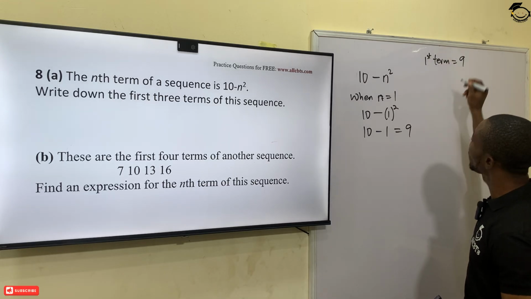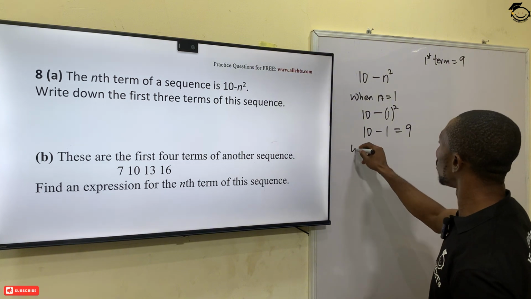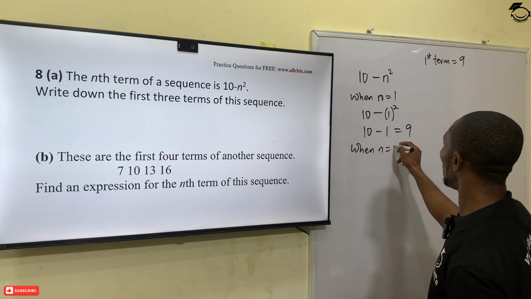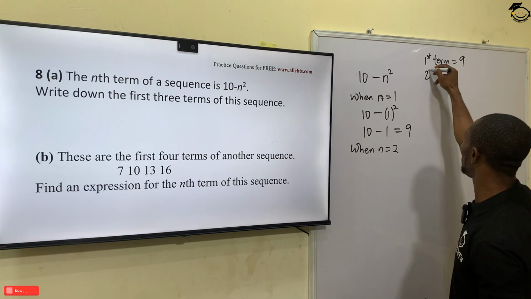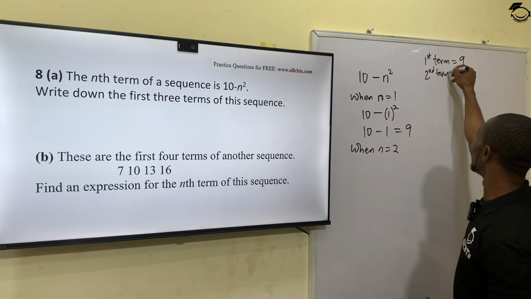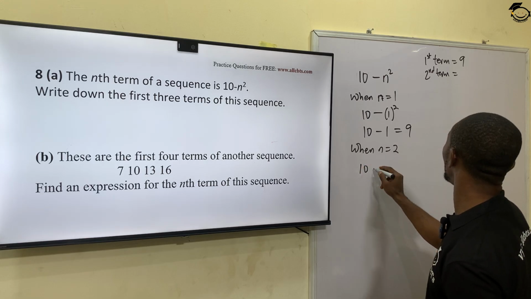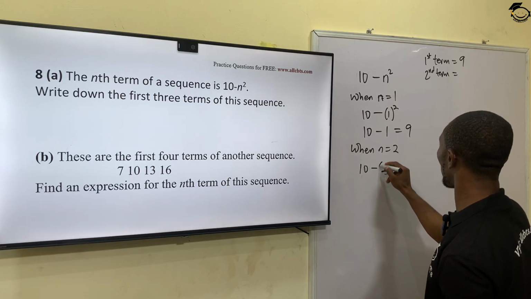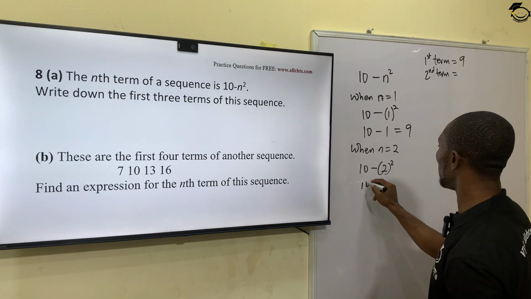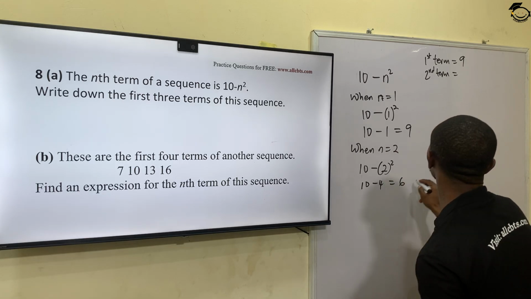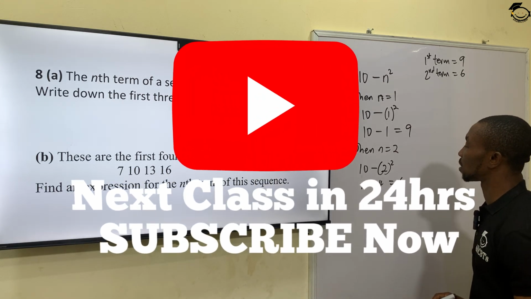Now when n equals 2, that is our second term, we have 10 minus 2 squared, which is 10 minus 4, which gives us 6. So the second term is 6.